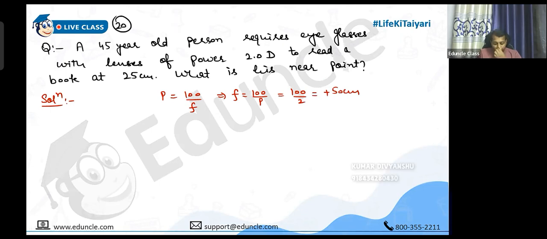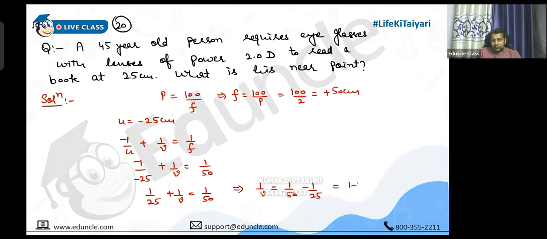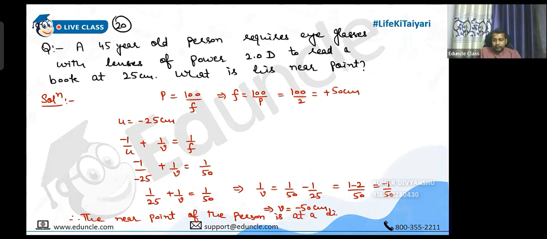To read a book at 25 cm. So now you can find the near point. No? Minus 50. Okay, you're telling me the answer. Okay, so therefore, okay. Yes sir. Clear? Yes sir.